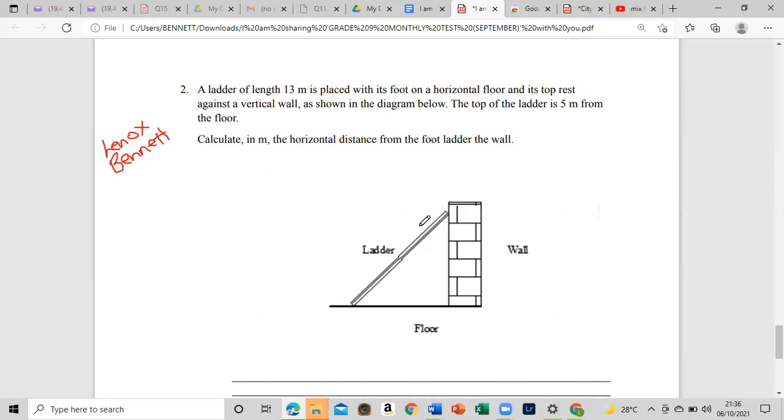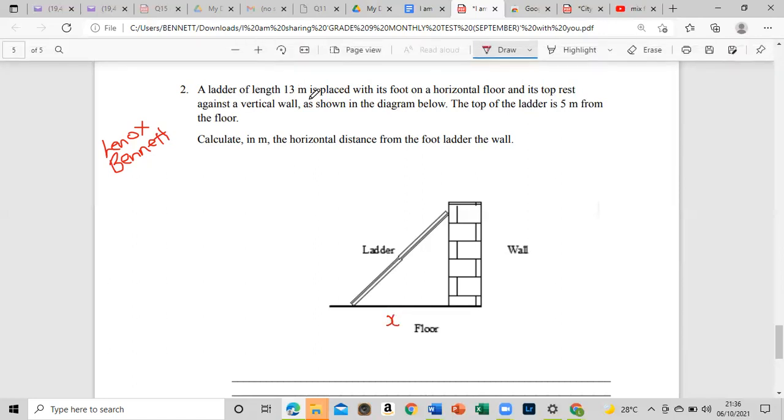Okay, so I guess this is the 5. And then it says calculate in meters the horizontal distance from the foot. Oh, so this is what I look for. All right, so I'll call this X. The distance here I look for.